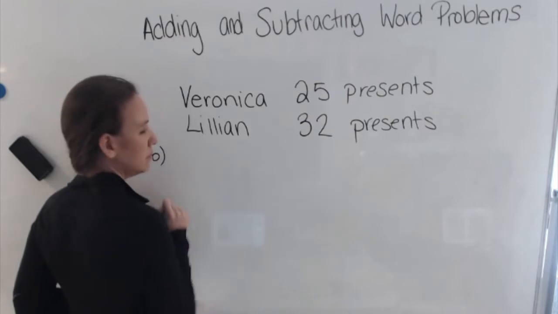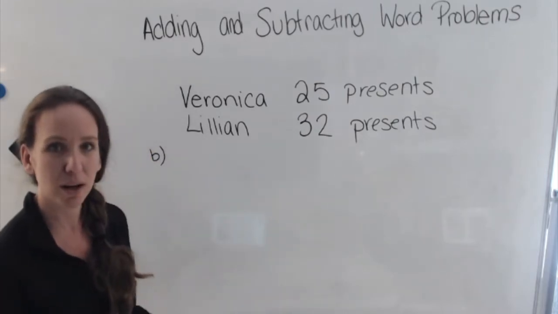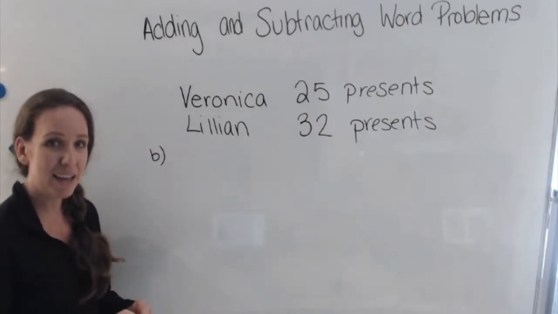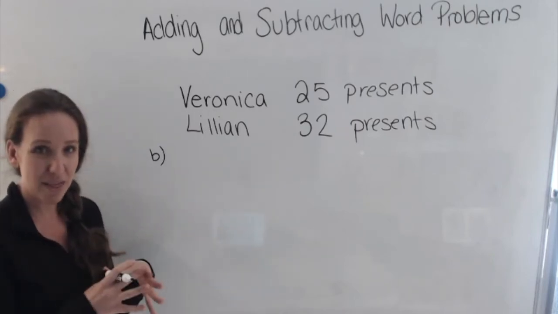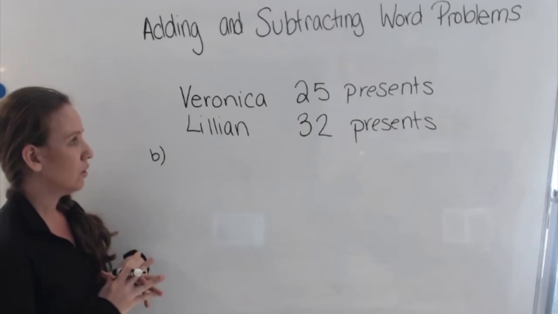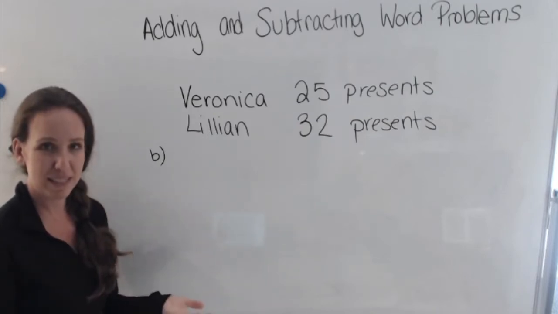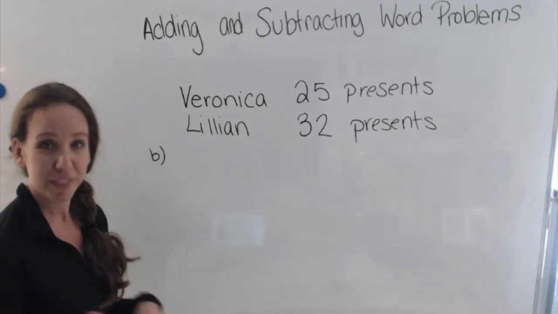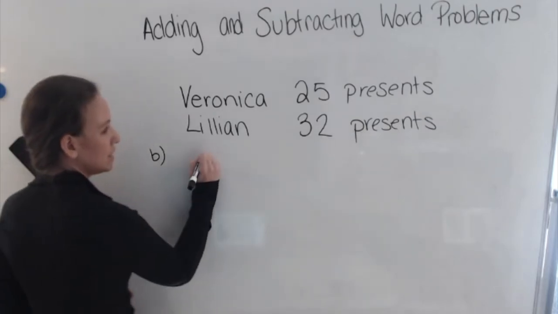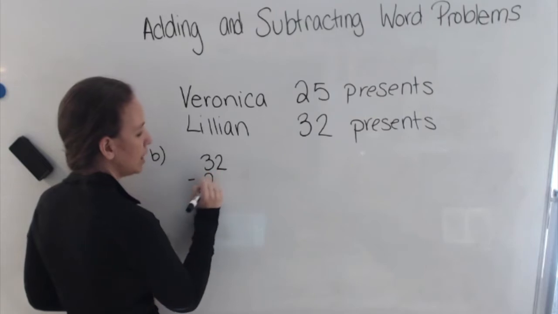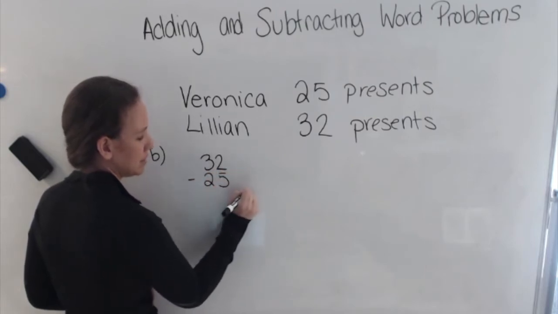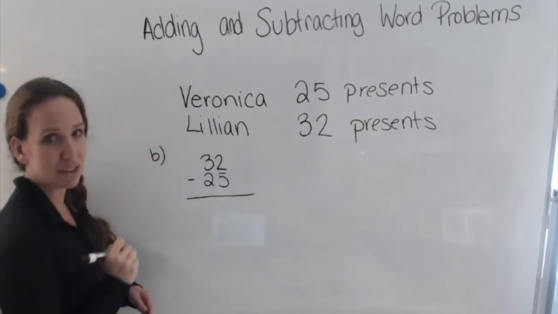Well, if I'm saying how many more, am I going to add or subtract? Am I asking how many they had together, or do I need to subtract it? That's right, I'm going to subtract. So Lillian has 32 presents and Veronica has 25 presents. So I'm going to subtract those two numbers.